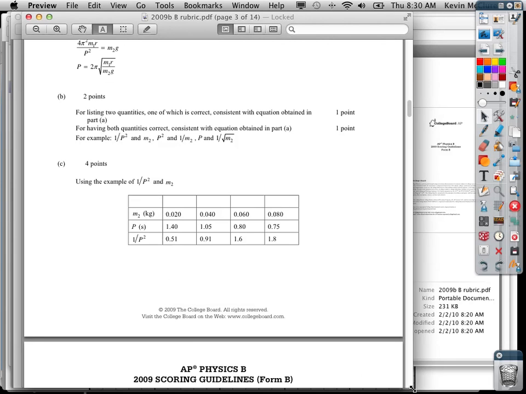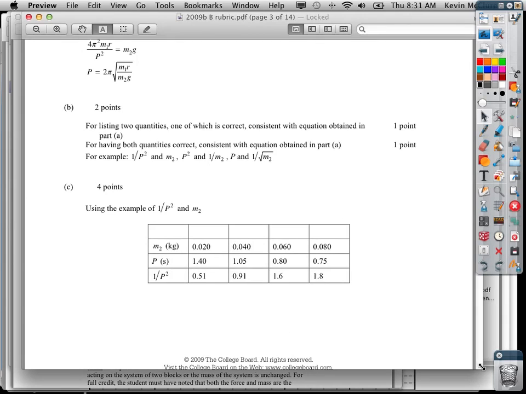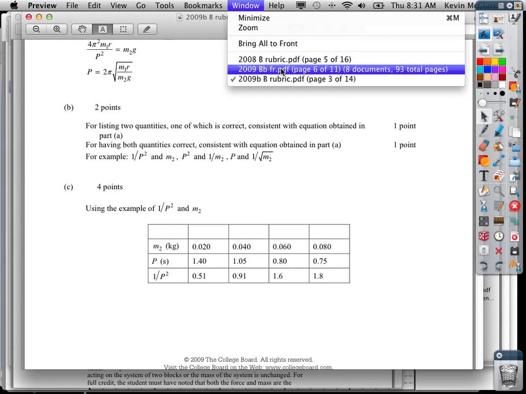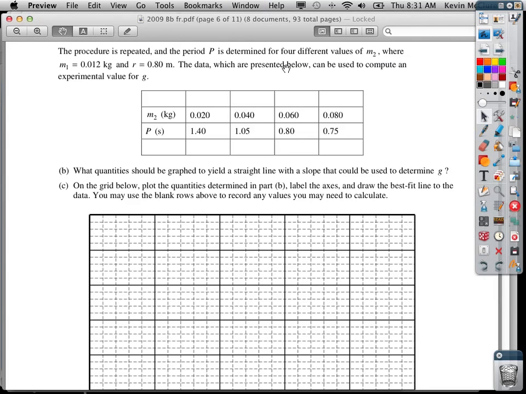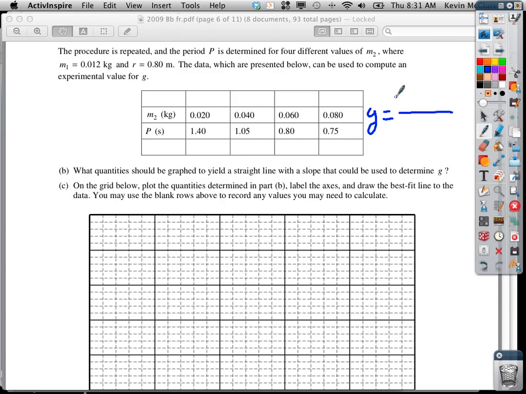Ah, that's slick. All right, so when we looked at this, we came up with this crazy sort of thing that was like G is equal to a bunch of stuff, right? There was R and M1 and 4 pi squared, and then on the bottom was M2 and P squared.